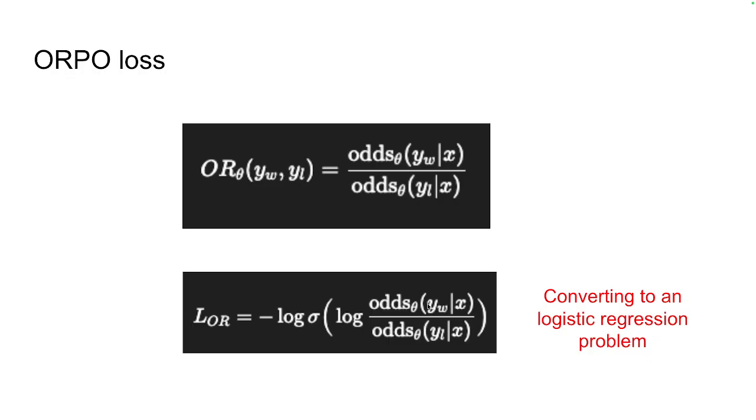This log is taken for stability, and this sigma comes from clipping the values into the sigmoid range. So you have converted the DPO loss into an odds ratio loss, where you are optimizing to have more probability for the winning response as compared to the losing response. So odds gives you this logistic regression problem.